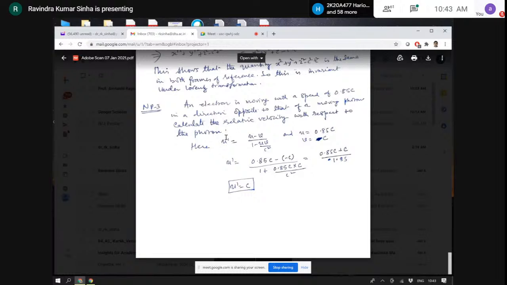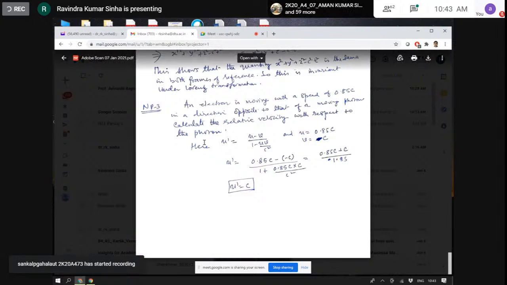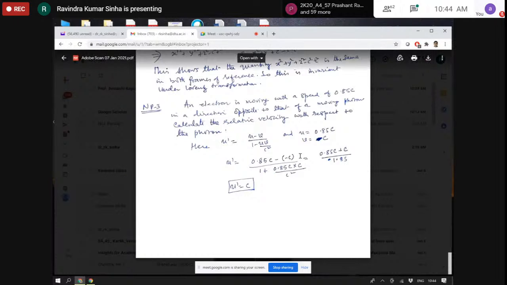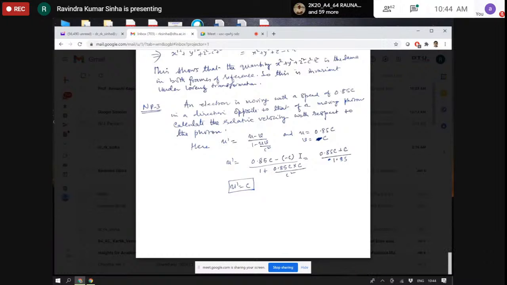Sorry, how much is the relative velocity? Electron's motion is 0.85 c. And v is what? v is equal to minus c, it is moving along the same direction. So if you substitute it, it will be this quantity. So u dash will be equal to c. That means it is not exceeding c. So the relative motion will be equal to the velocity c. That much will be experienced with respect to the photon.